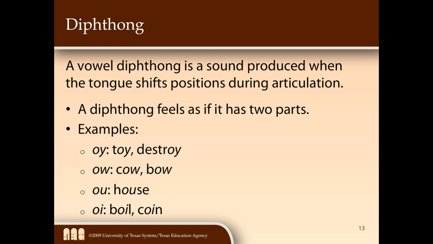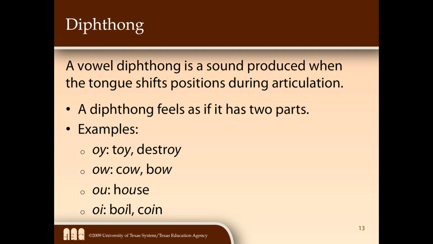So think of a diphthong as two letters together where the tongue shifts position during articulation. And while it sounds like it has two parts, like cow, it doesn't. It's not two parts. It's just our sounding out these letters together, creating a diphthong. Remember the O indicates a diphthong, and then it will have either a Y, a W, a U, or an I following it.